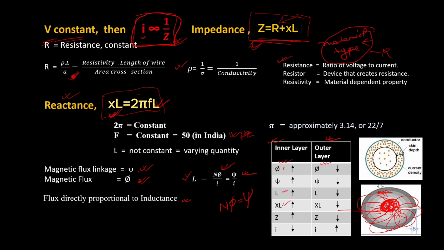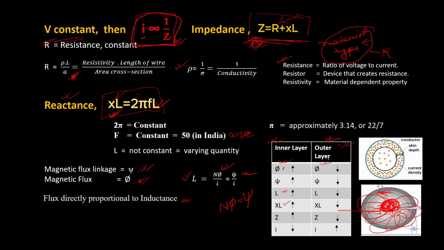If XL is increasing, then Z is also increasing, because Z is equal to R plus XL, where R is constant. So Z also increases. If Z increases, then I is decreasing, because I is inversely proportional to Z, I is equal to 1 by Z. That is for the inner layer.